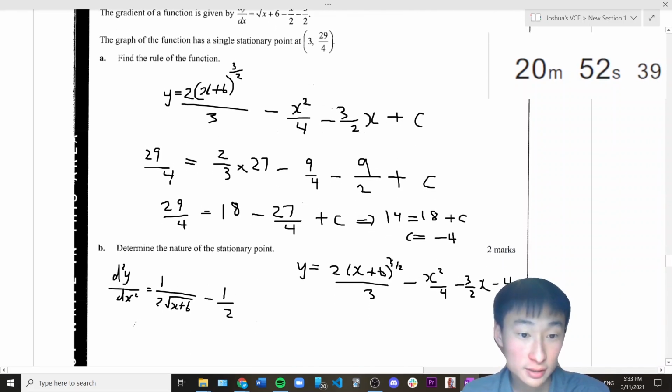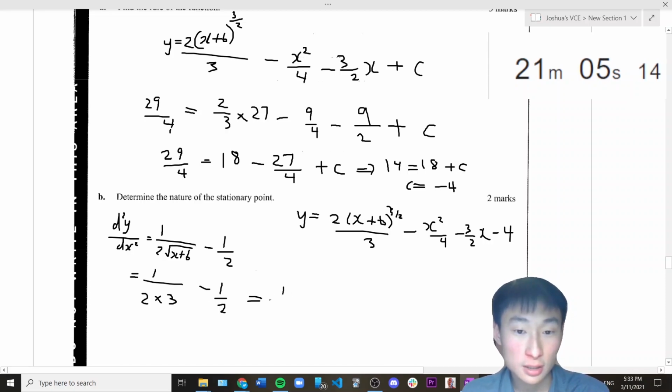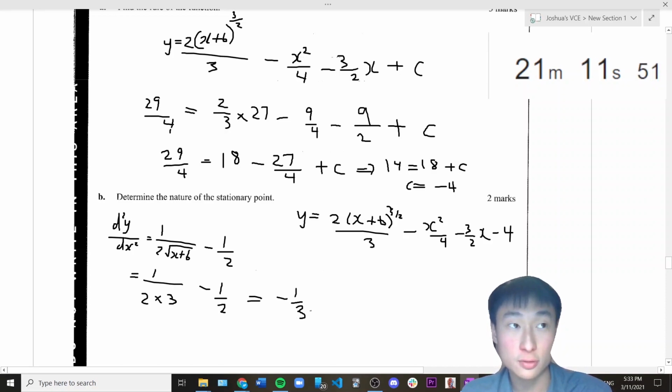By subbing in 3, that's 1 over 2 times 3. It's convenient. Minus a half, which is 1 over 6 minus 3 over 6, which is minus a third, I believe. So since it's negative, it's a local max.